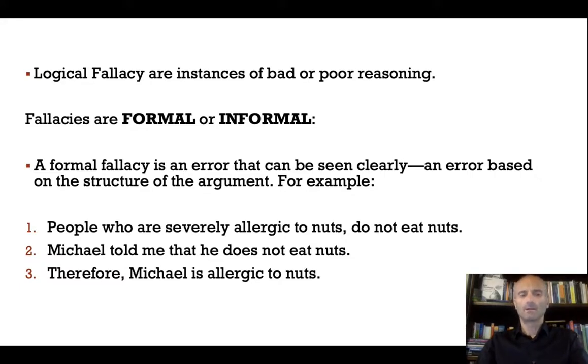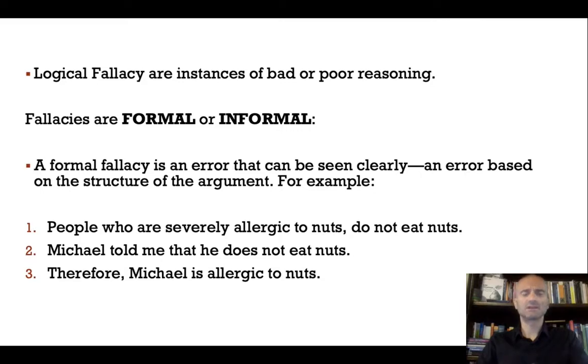Michael told me that he doesn't eat nuts. He didn't tell me why. He doesn't eat nuts, maybe because he doesn't like them. It doesn't follow that he's allergic. Maybe it's a choice. We don't know.